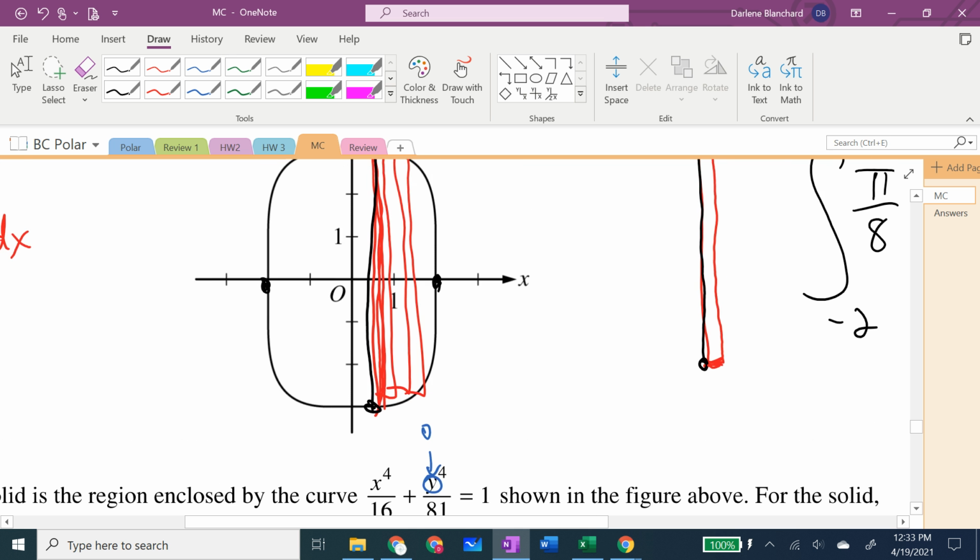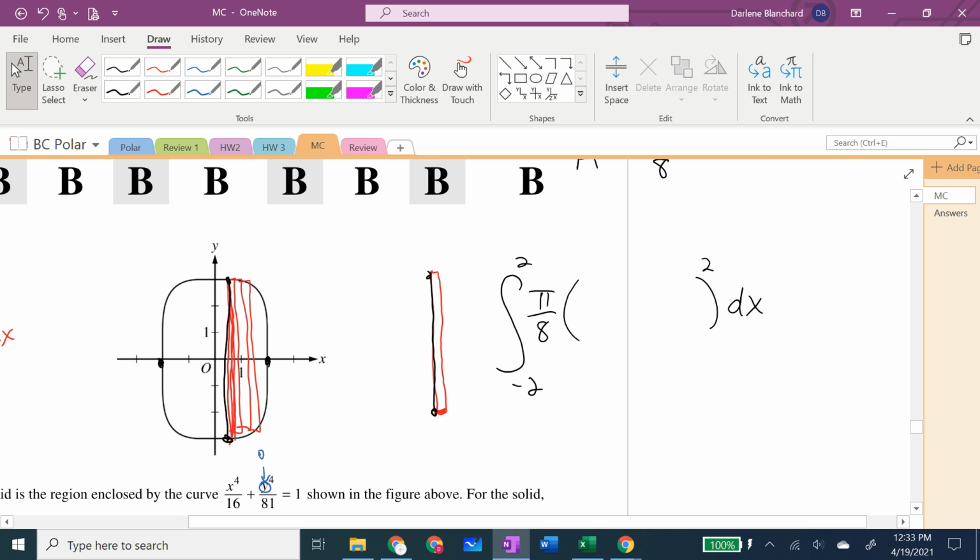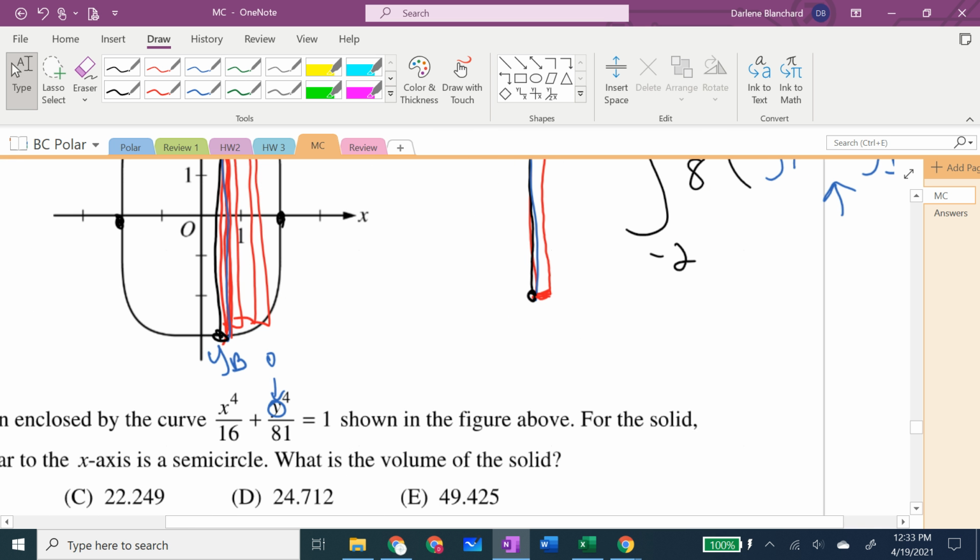Now, your last order of business is you need a formula in terms of x for the length of each diameter. And that diameter is a top y value minus a bottom y value. And those y values are based on this equation.